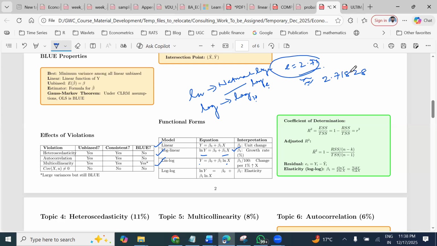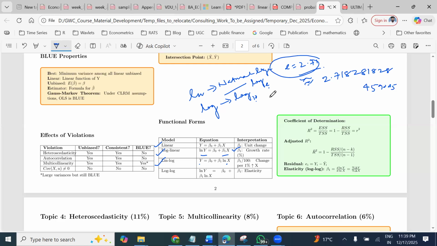It is an irrational number, which means the decimal will go on forever without a repeating pattern, like 7 1 8 2 8, then 1 8 2 8, 4 5 9 0, like this. And it is the base of the natural logarithm, ln. Are you getting? Yes, sir.